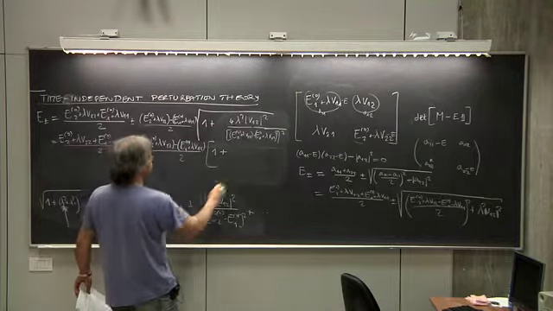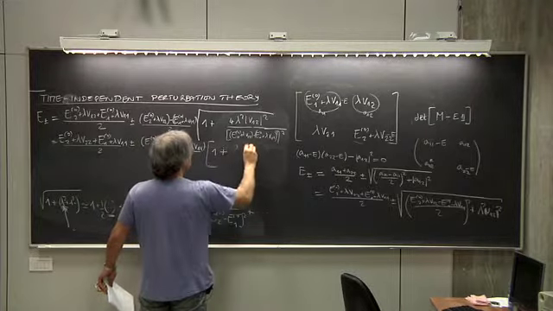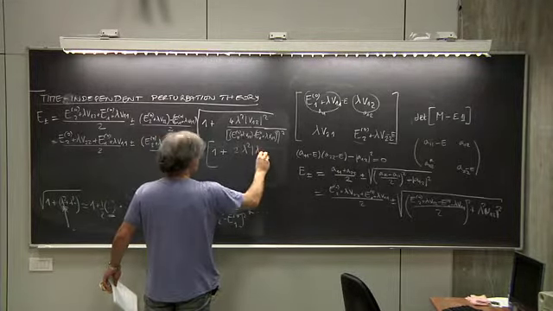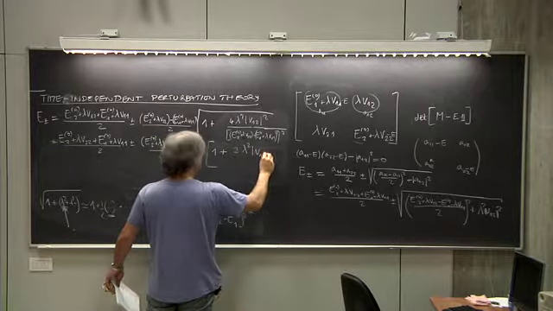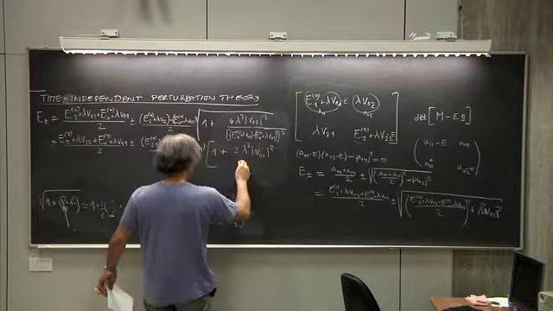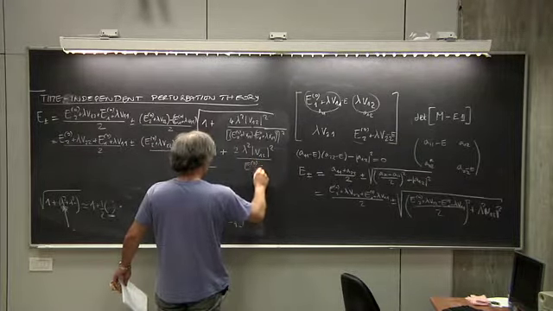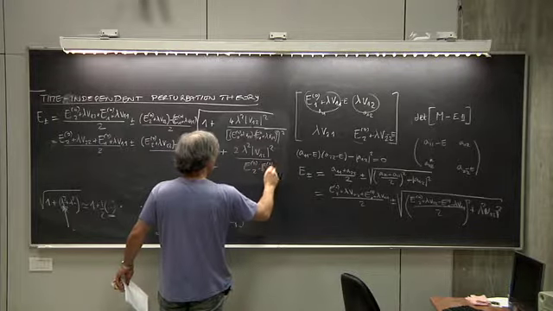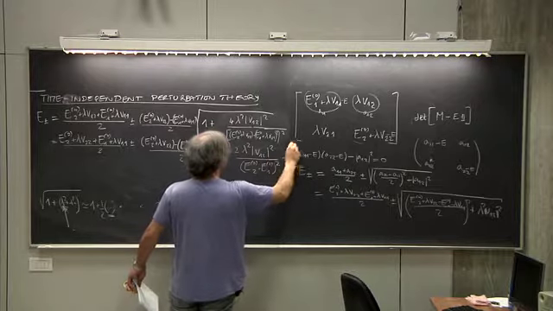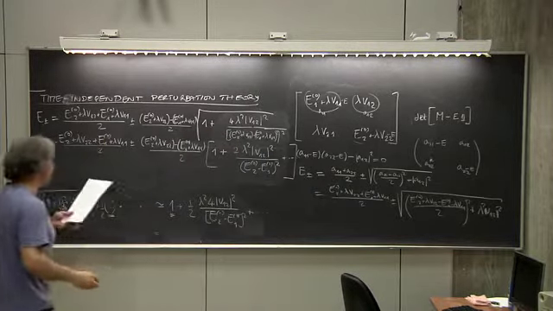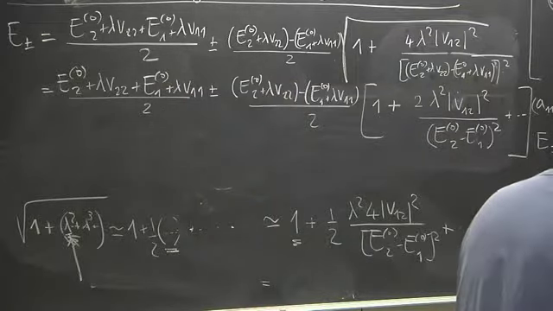So the 4 and 2 is just 2. Then I have lambda square |V12| squared divided by (E02 minus E01) squared. Let's see if we agree with this up to this point.